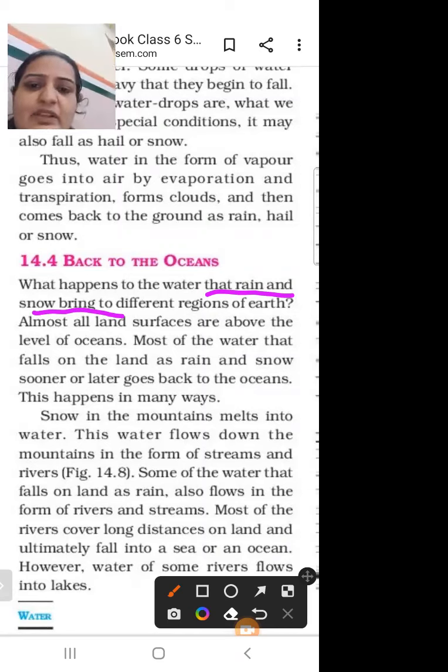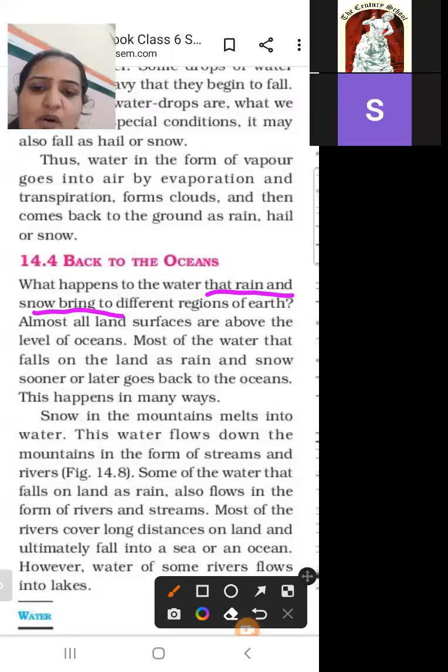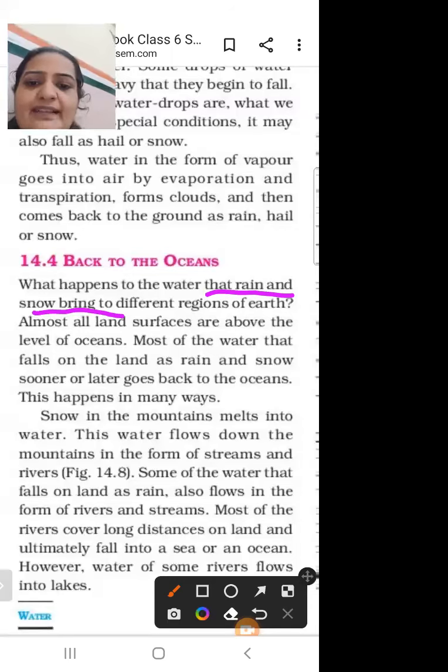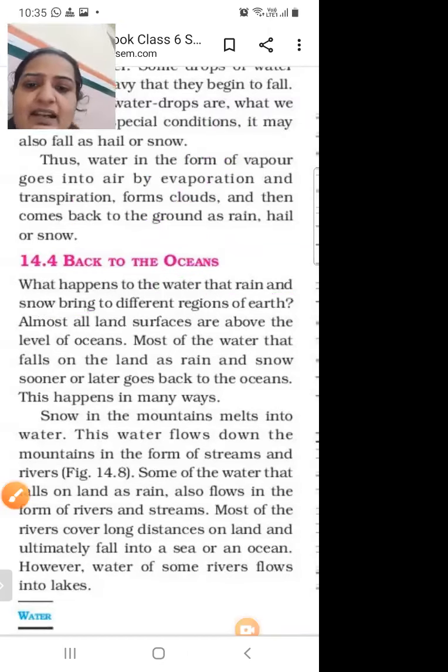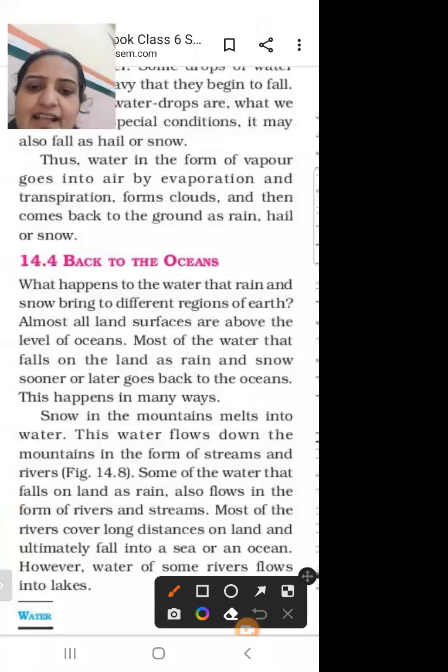As we know, on the earth, all land surfaces are above the level of the ocean, because the level of the land surfaces is more as compared to the level of the ocean. So all land surfaces have greater height as compared to the level of the ocean.